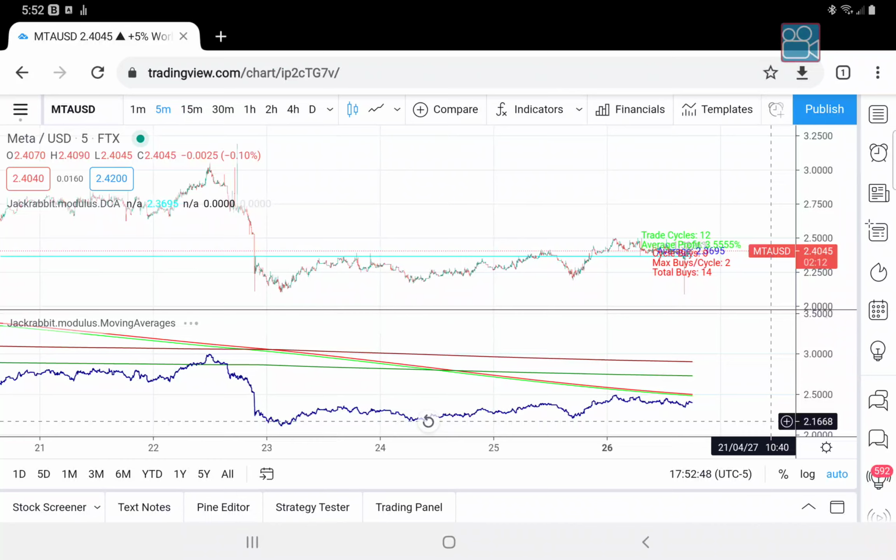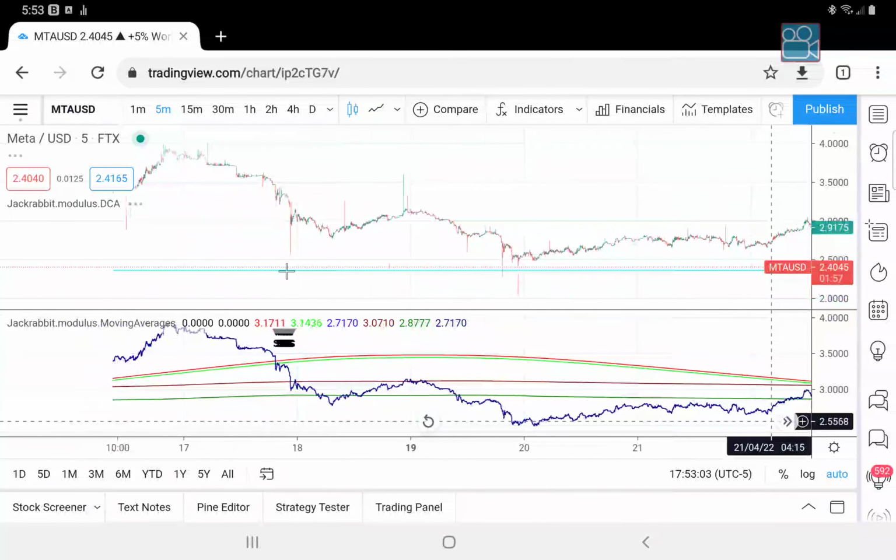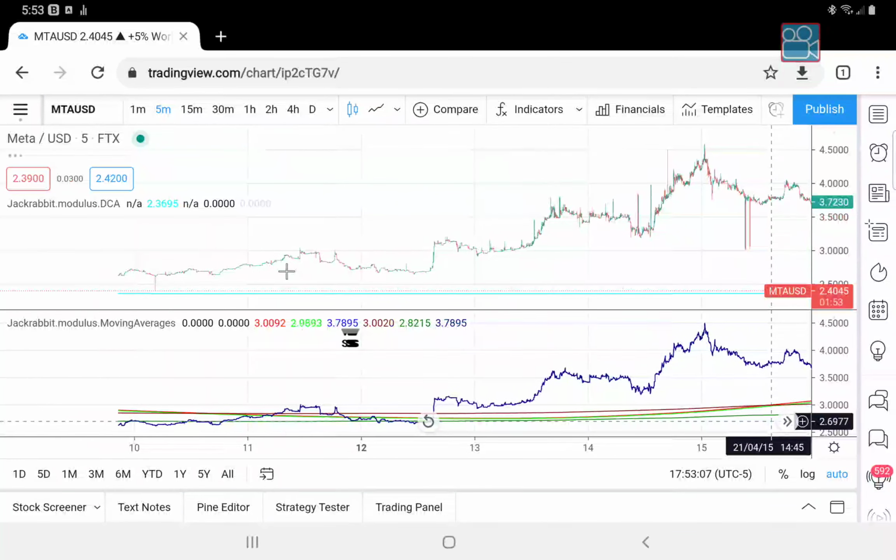Take your time, study the charts, study the coins. Here's a good example of a whole mess that got completely missed. Let's see when the last trade was that this actually did.